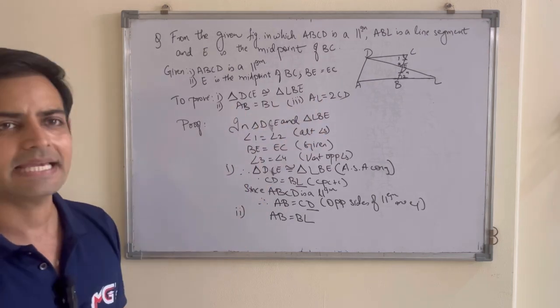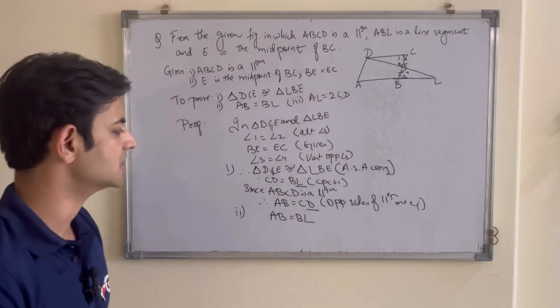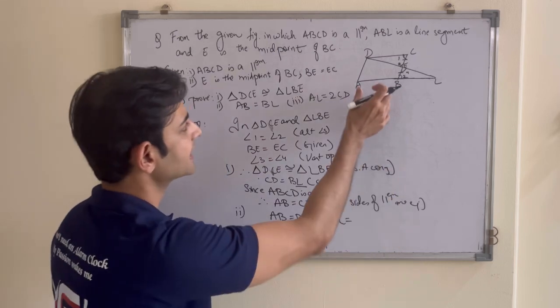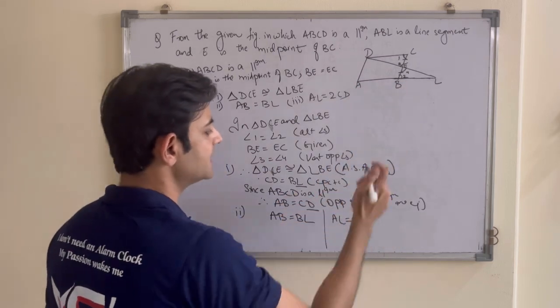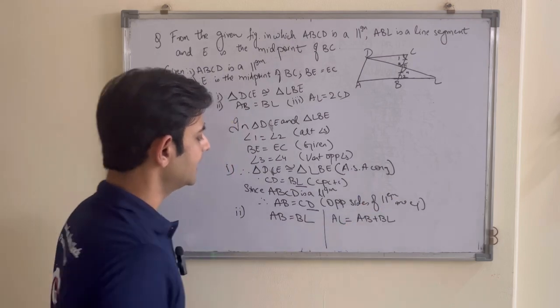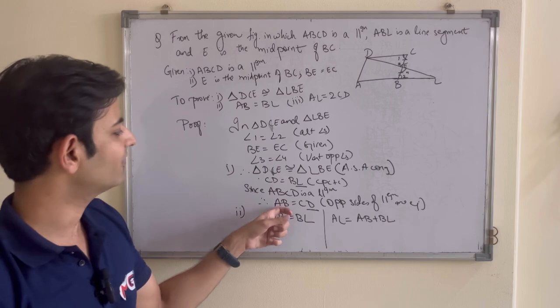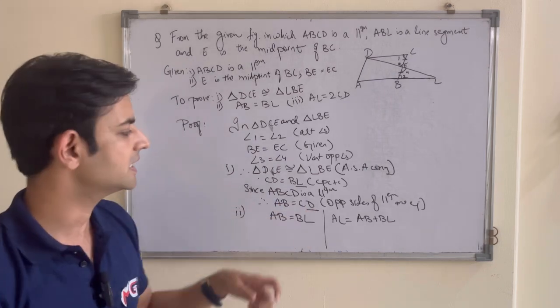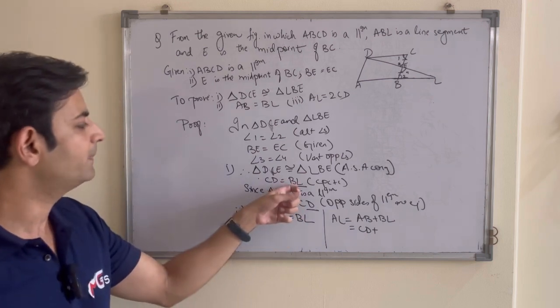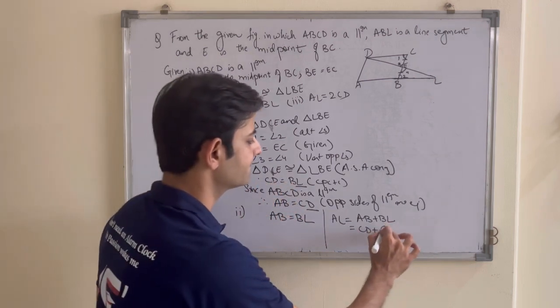The third part is AL is equal to twice of CD. Now if we see here, AL is equal to AB plus BL. Now we have already seen here, AB is equal to CD. So instead of AB, I will write CD. Instead of BL also, I can write CD.